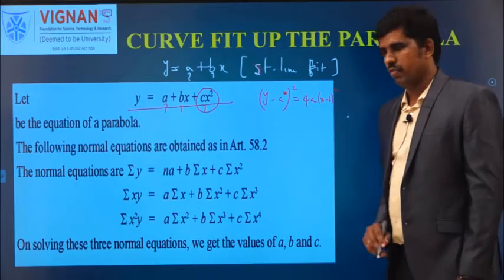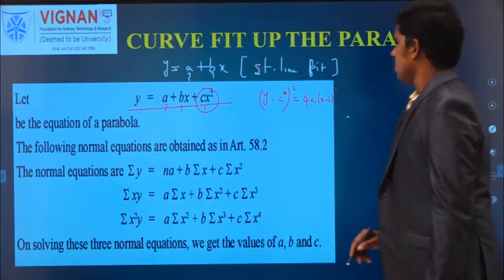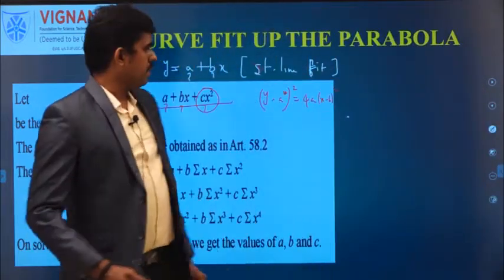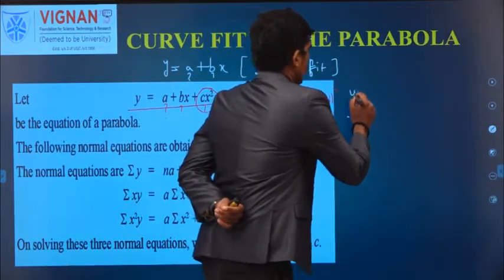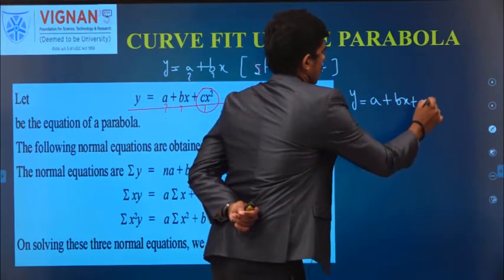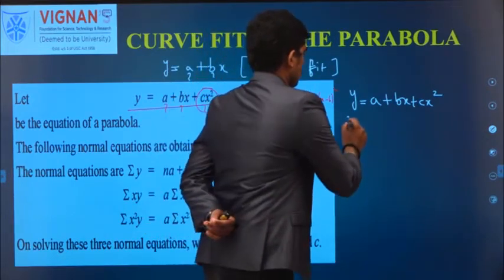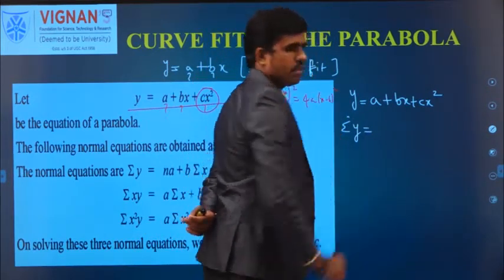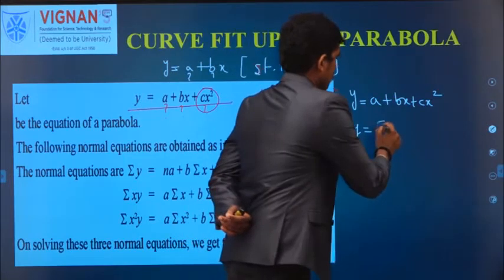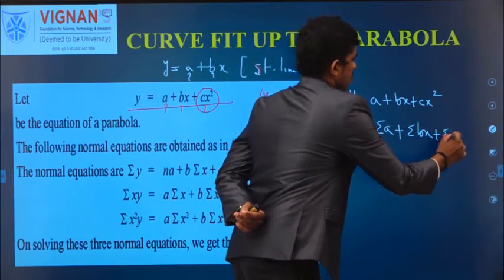So how to write? Listen here. I am going to fit a parabola y is equal to a plus bx plus cx square. First you take summation on both sides: summation y, summation a plus summation bx plus summation cx square.